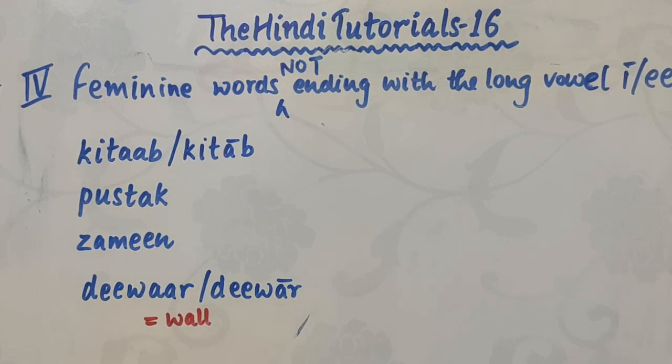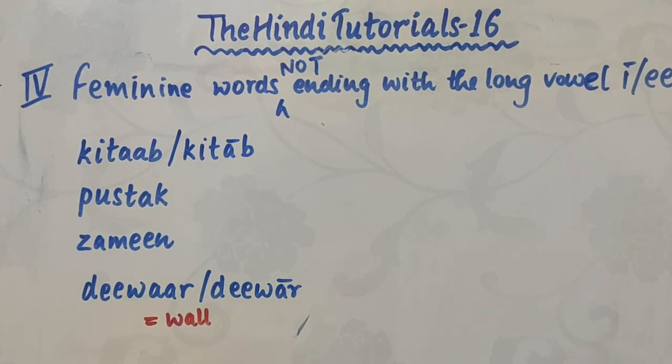We have 4 words here: kitab, pustak, zameen and diwar. Out of these 3 words are known to you, and diwar is a new word. Diwar means a wall. Okay. All these are feminine words and none of them end with an E sound.